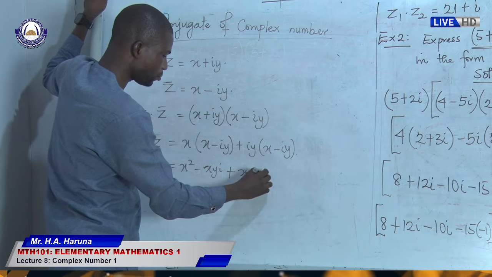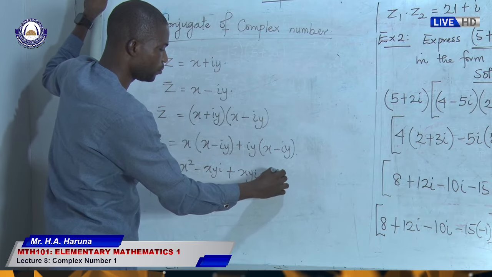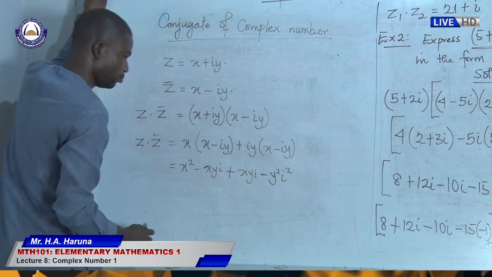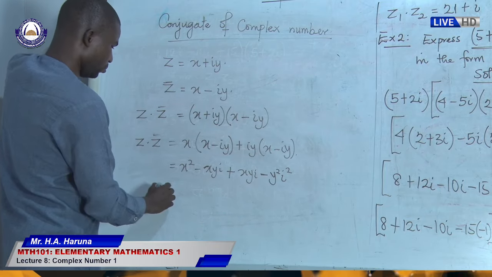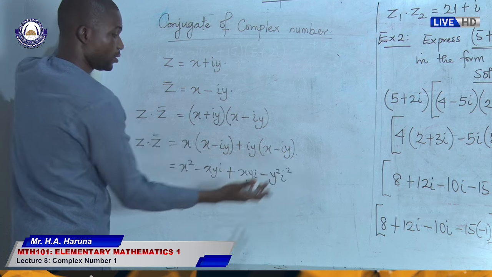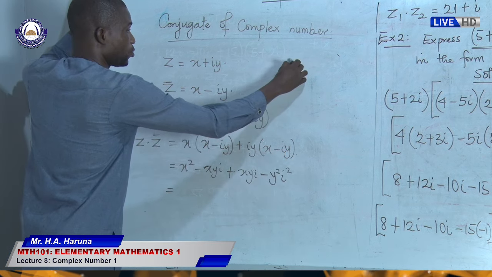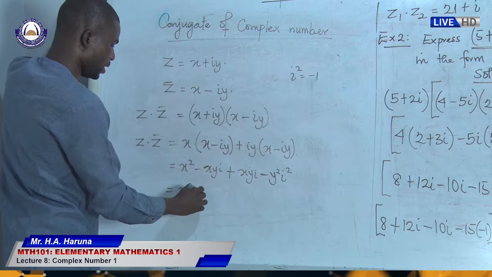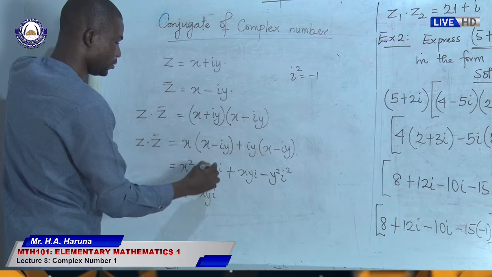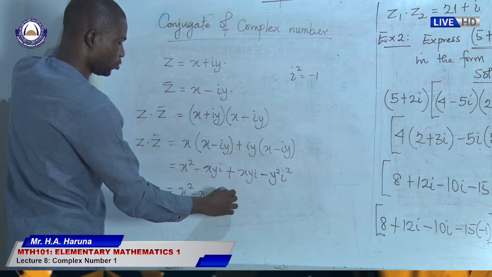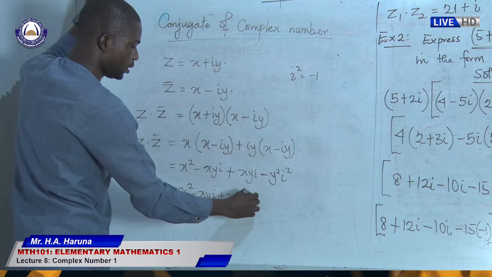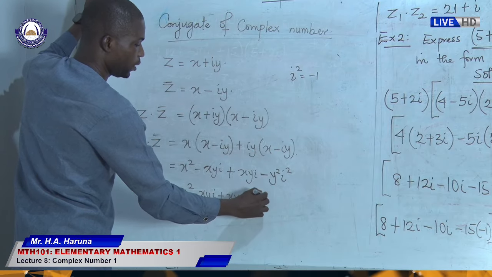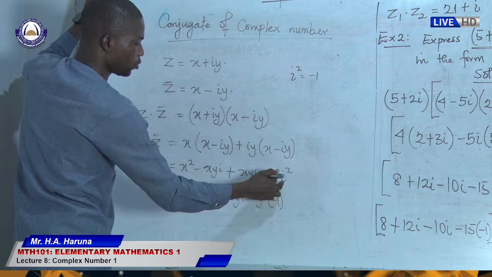Then you have y squared i squared. So you know that i squared is negative 1. So you have x squared minus xyi plus xyi minus y squared into negative 1 because of this i squared.